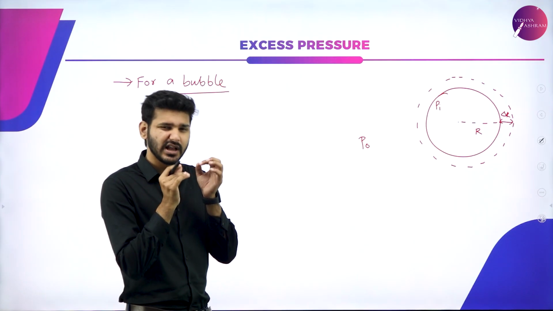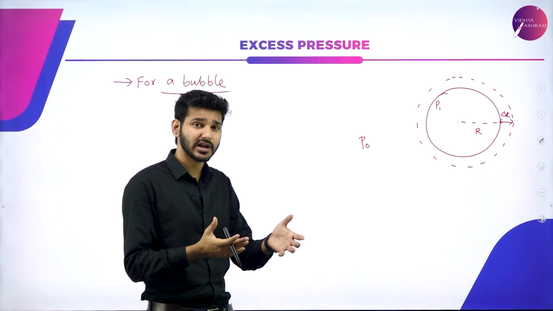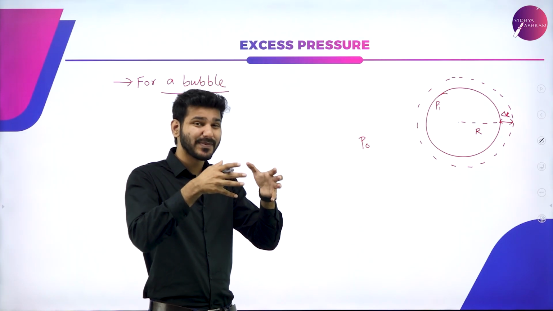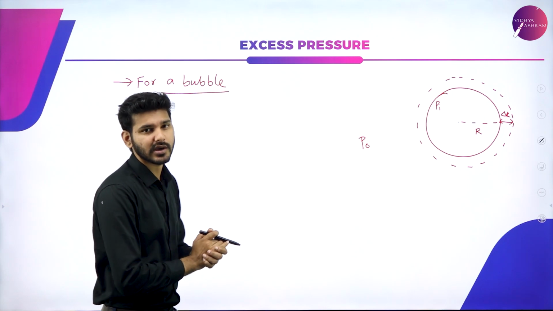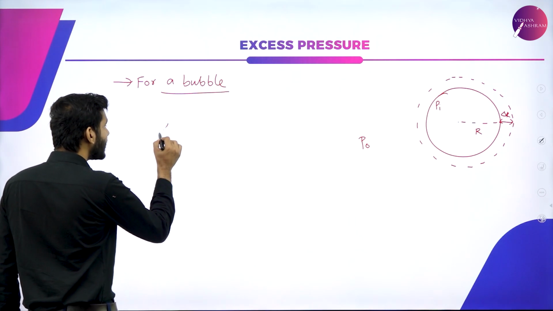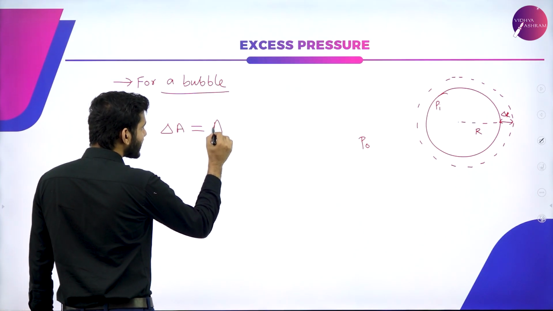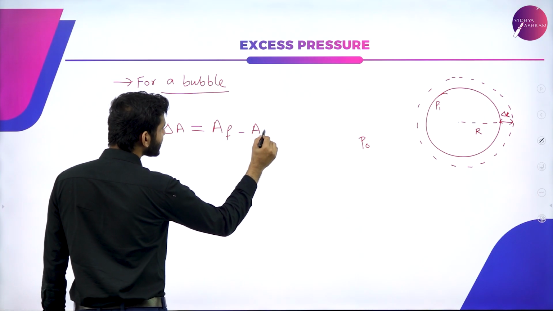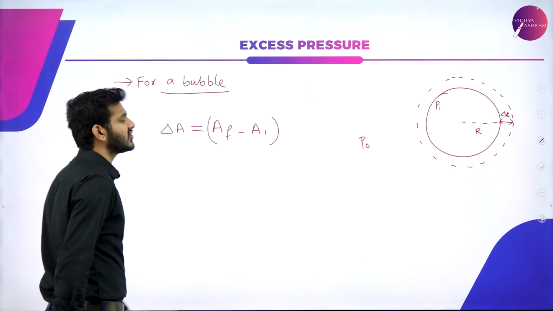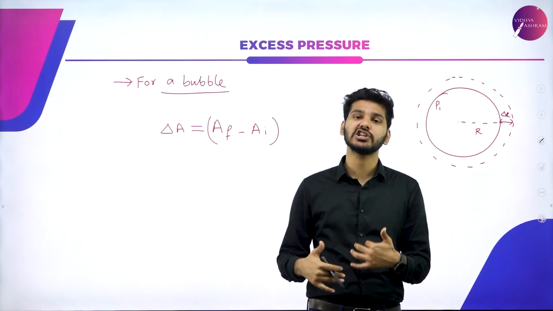I did a very small amount of work on that bubble so that it expanded very slightly. So the area changed. The change in area will be AF minus AI, the final area minus the initial area.